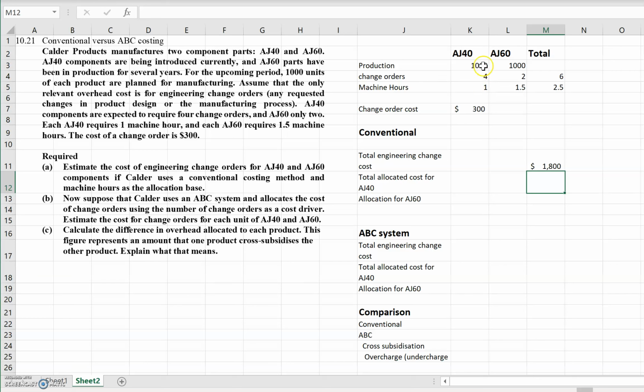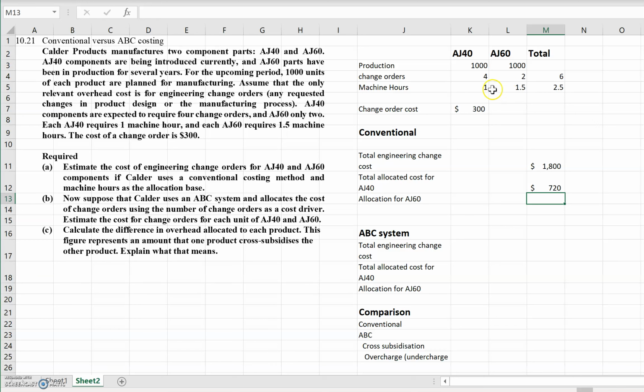Now AJ40 has got 1,000 machine hours. So if we go 1,000 divided by 2,500 and we multiply that by 1,800, we get 720.